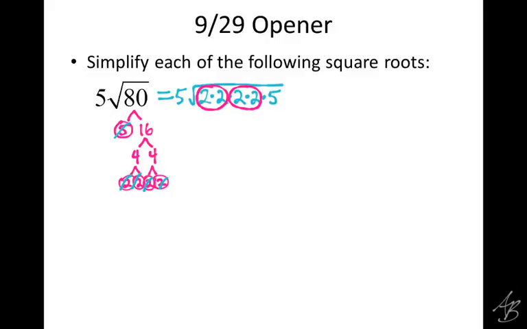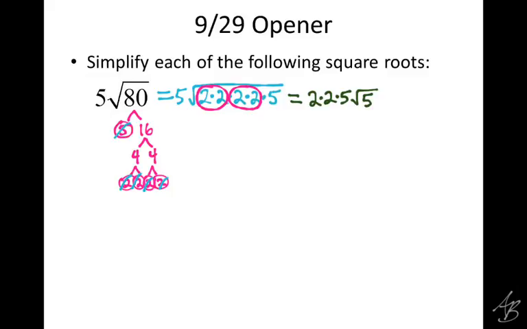Because this pair of 2s is going to become 1 on the outside, and this pair is going to become another 1 on the outside. So what we have on the outside is the 2 times 2 that was on the inside. But then what else is on the outside already? That 5, right? Now this is the 5 that was out here to begin with. What about this 5? Is that going to be on the outside? No, that's going to be on the inside. So it's going to look like that.